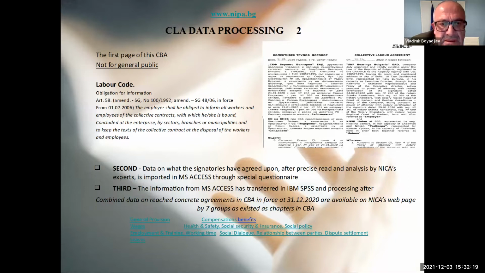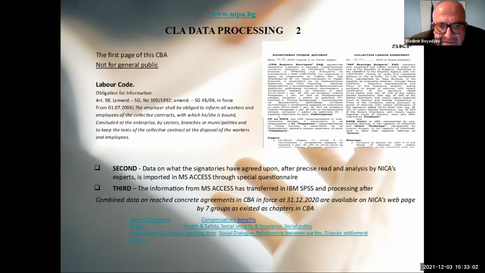Despite that, in the labor code we have some provision, an obligation for the employer to share the text of the collective bargaining agreement, but only with their own employees and new workers, etc. And also the employer is obliged to share the high-level collective bargaining agreement on branch industry level.